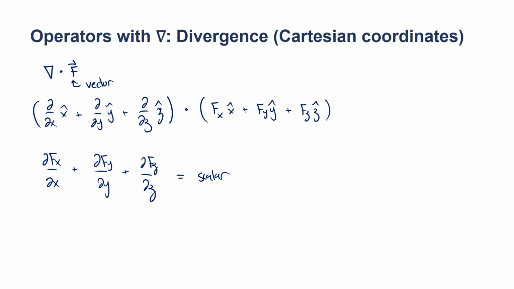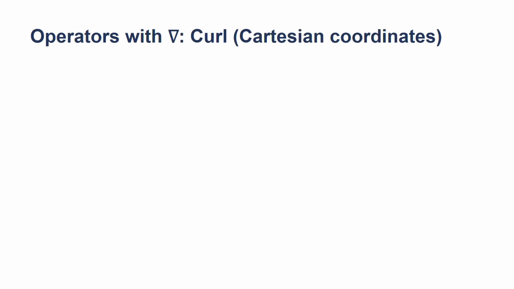We can also use the del operator to derive curl, which we will consider later for magnetic fields. The curl of a vector f is denoted as del cross f. In this case, we expect to get a vector at the conclusion of this operation, because a cross product takes a vector, multiplies it with another vector, and yields a vector.